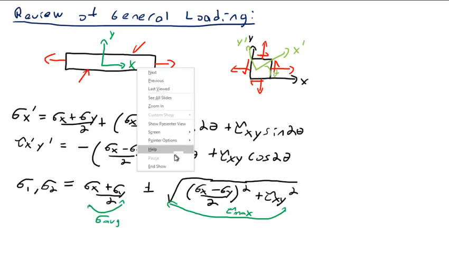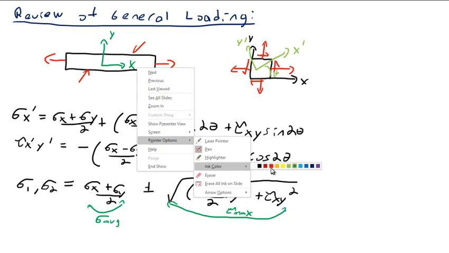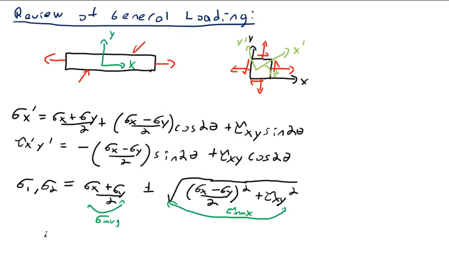And this term here is equal to the average normal stress, sigma average. All of this stuff is from previous lectures. We also have the angle of principal normal stress, theta p, equal to 1/2 inverse tangent of tau xy over sigma x minus sigma y over 2.